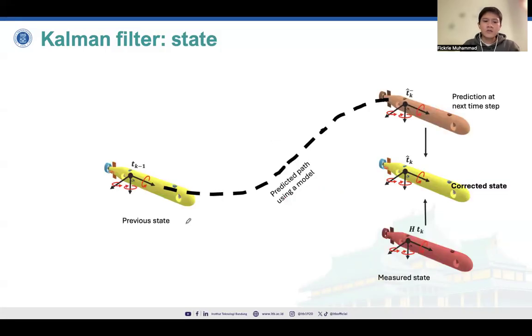But of course, the uncertainty always grows. So for example, our previous state is here, and then we predict the movement by using a model, by using the Kalman filter. And then our prediction at the next time step is this one, and our measurement state is this one. So we have the prediction and measurement state together, and then we combine both to provide our corrected state.